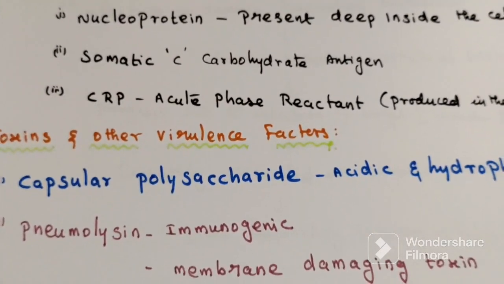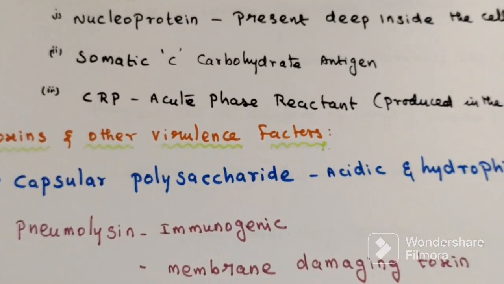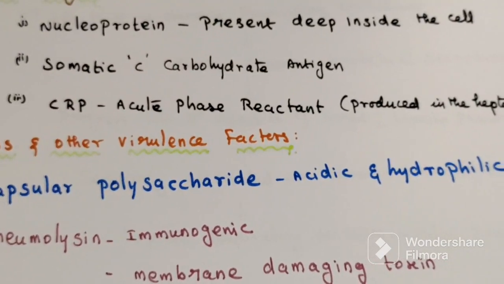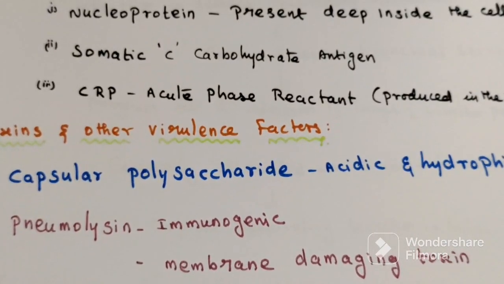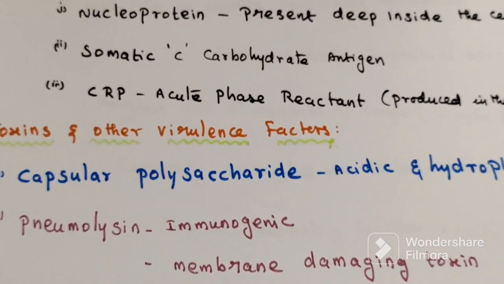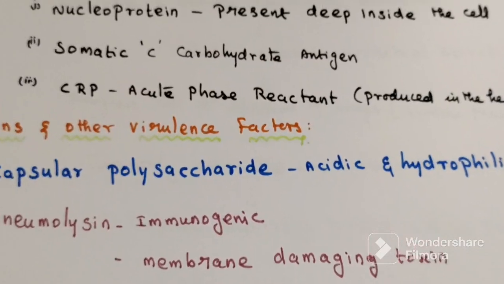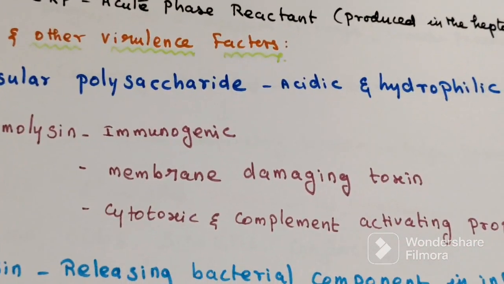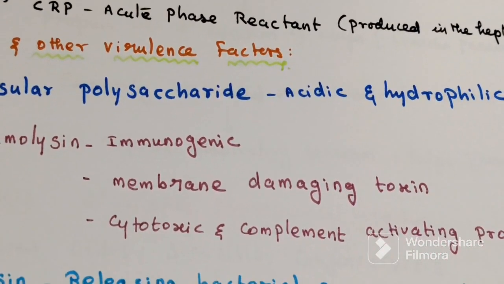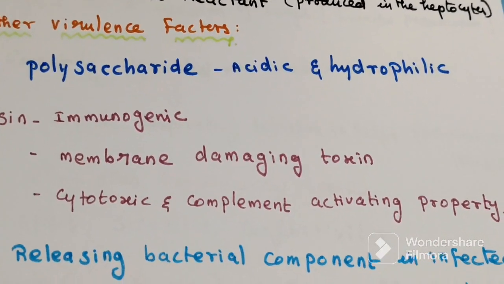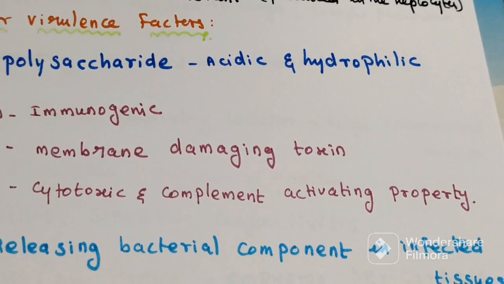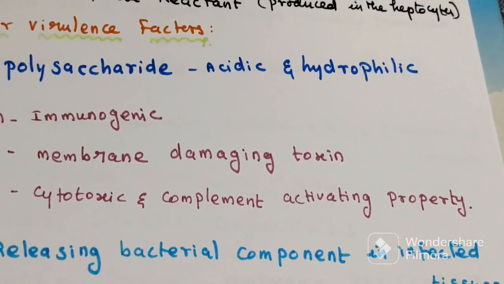Toxins and other virulence factors. First one is capsular polysaccharide, which is acidic and hydrophilic. Then pneumolysin. This is immunogenic. This pneumolysin is a membrane damaging toxin. This is cytotoxic and also has complement activating property.